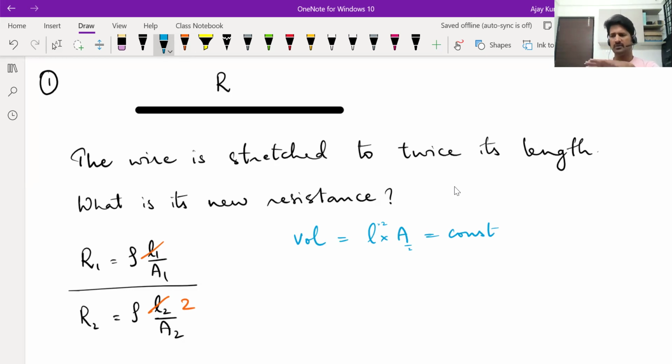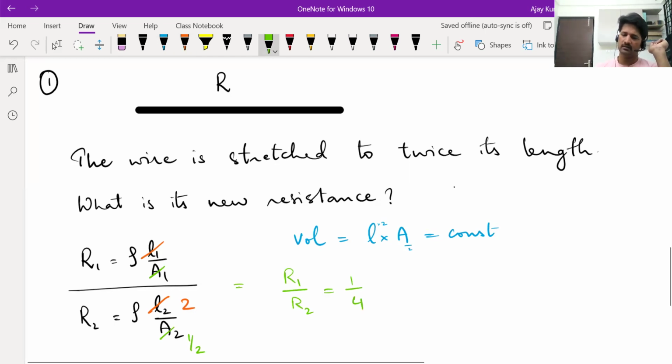So if they don't specify anything, you have to assume volume remains constant. So length becomes doubled, area gets halved. So A2 is A1 by 2, and from this, you will get R1 by R2 is equal to 1 by 4. So the new resistance is 4 times the original resistance.